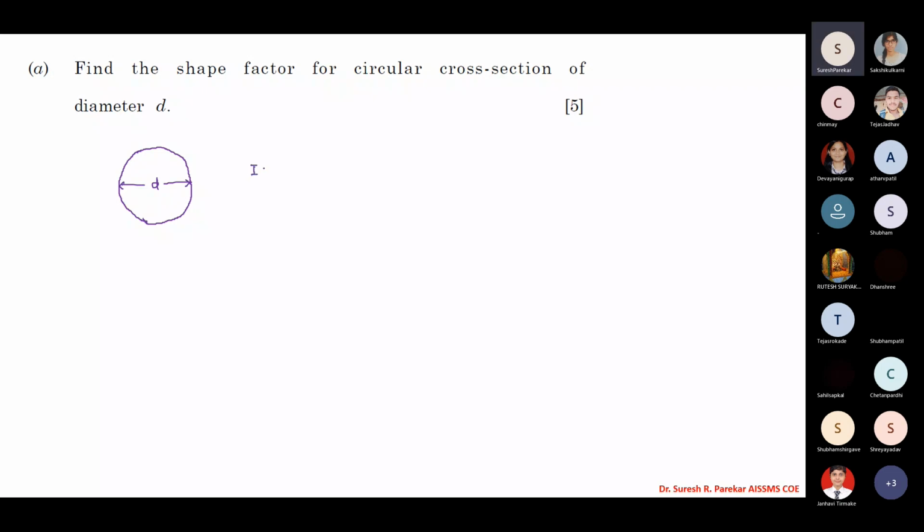So we have I is equal to pi by 64 d to the power 4 and ZE as I by y and y we have d by 2. So pi by 64 d to the power 4 into 1 upon d by 2 and this becomes pi by 32 d cube. So ZE we have pi by 32 d cube.